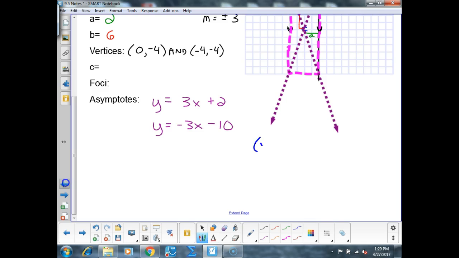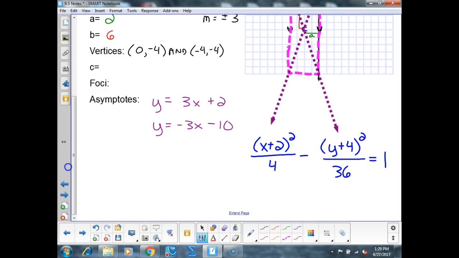So it's going to be x plus 2 quantity squared over 4 minus y plus 4 quantity squared over 36 equals 1.